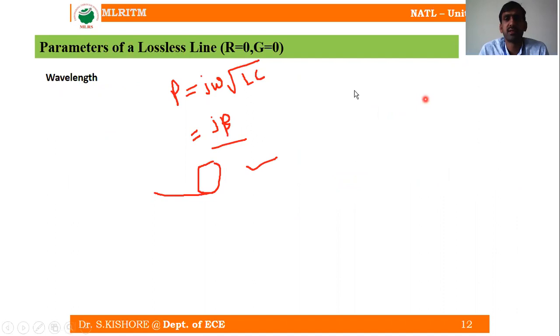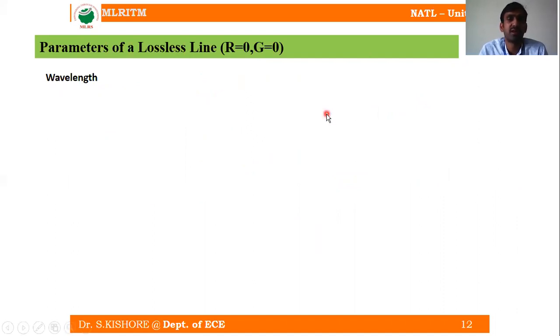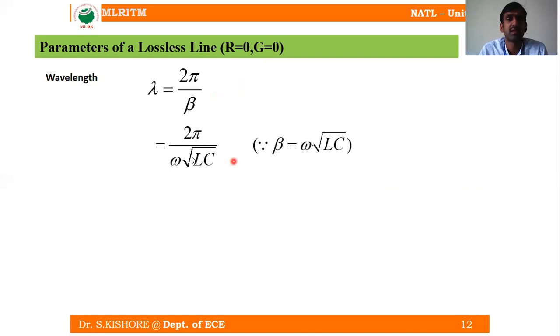Now let us go for the other parameter, that is the wavelength. We already derived the expression for the wavelength: lambda is equal to 2 pi by beta. For a lossless line, when R is equal to G is equal to 0, we have beta is equal to omega root over LC. Substituting, 2 pi by omega root over LC.